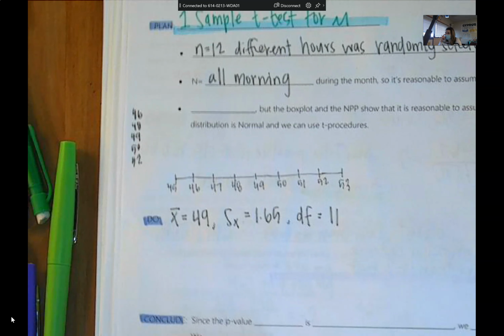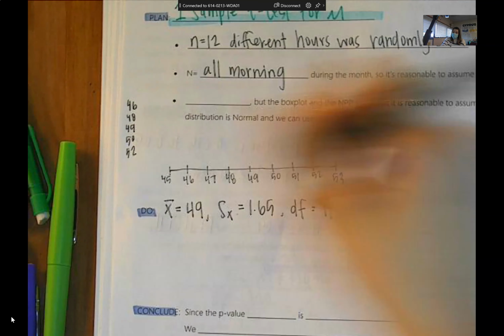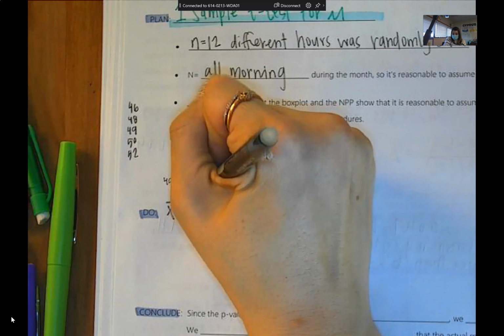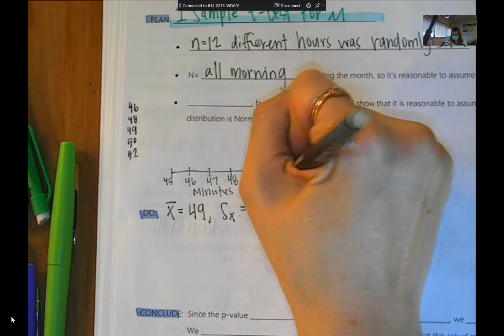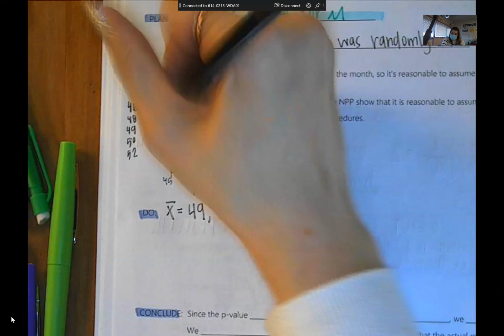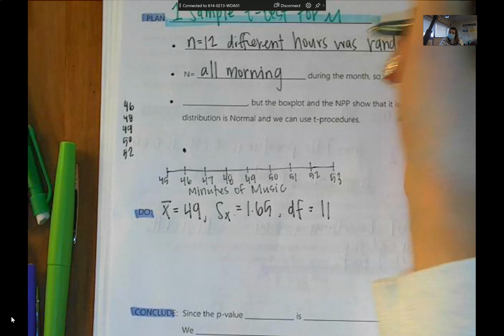There's many reasons to love a box plot, but one of them is that this is easy to label. So this is the minutes of music. My min was 46, so I just go through and place my 5 dots.